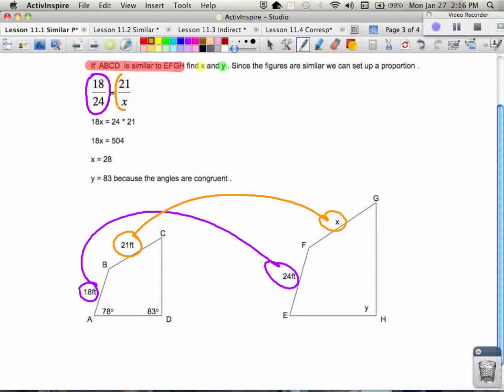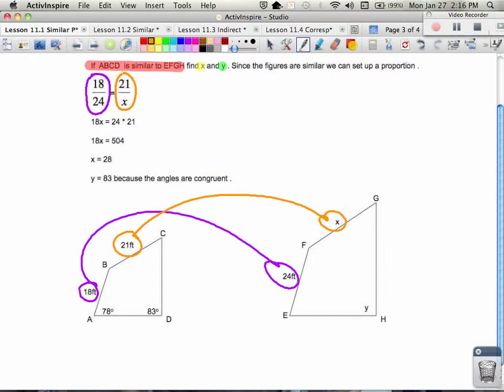That's my second ratio. I set them equal to each other because I know that if these two figures are similar, their sides have the same ratios. That means we've set up a proportion, and a proportion is when two ratios are equal to each other. Now we have an equation with two fractions.